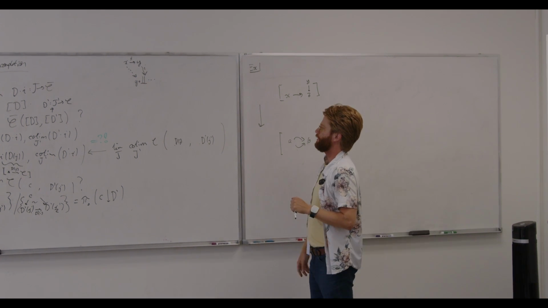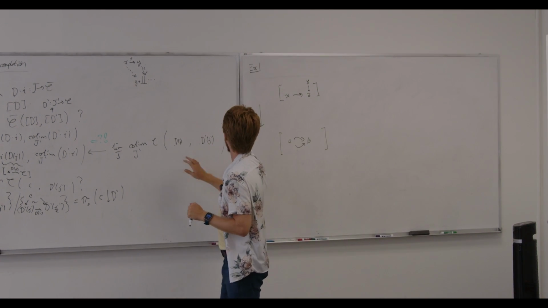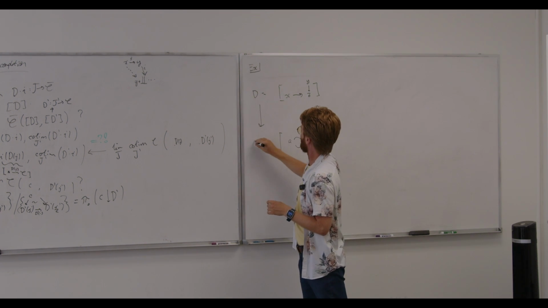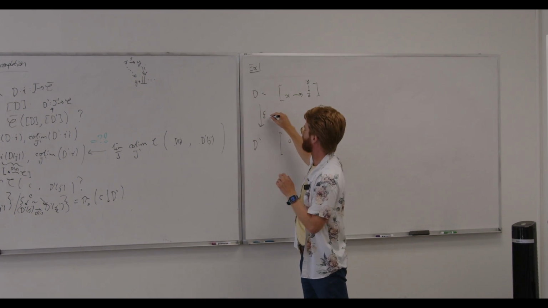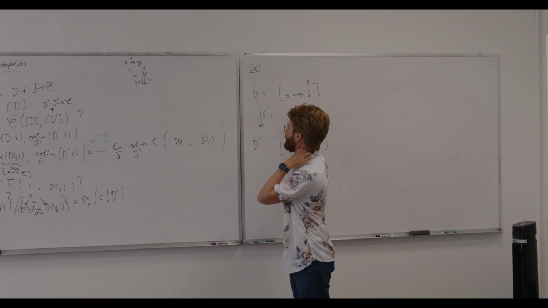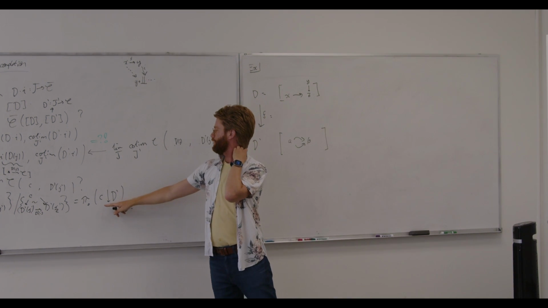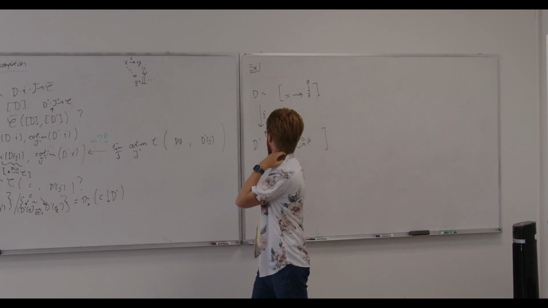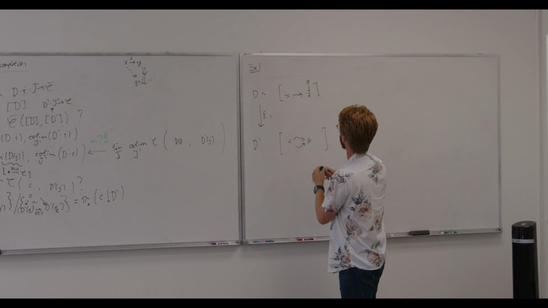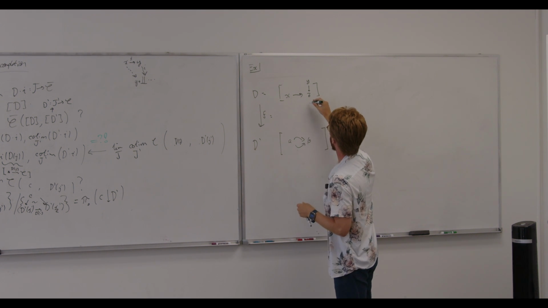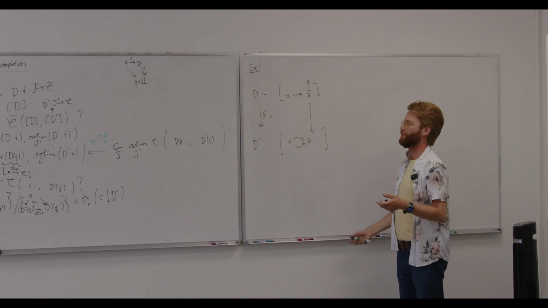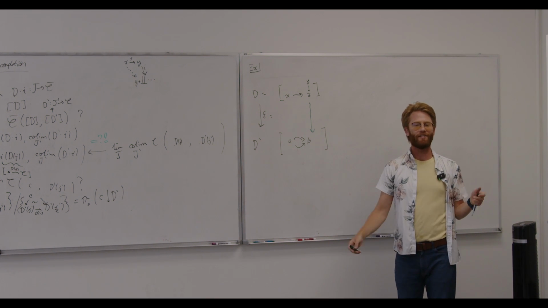So what do I need to get something in here for these two diagrams, the D and D prime? I need, for every object in the indexing category of D, some equivalence class of maps into the image of D prime. So, okay, I have to choose a map from Z to B, maybe, or Z to A, maybe.